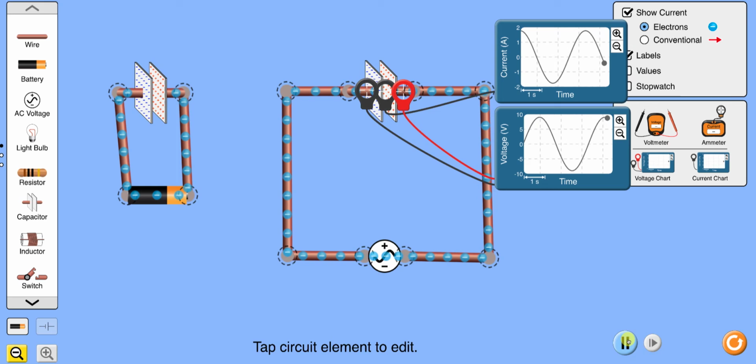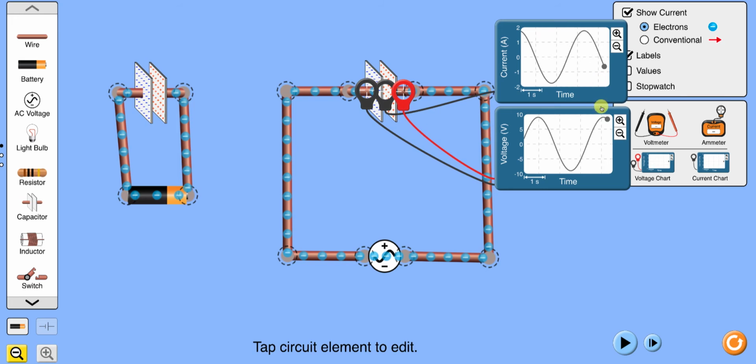Look at the current at this moment in time. It just passed through zero, and the potential difference just passed through the maximum. Now the current keeps decreasing to reach the minimum, and the potential difference has just started decreasing.